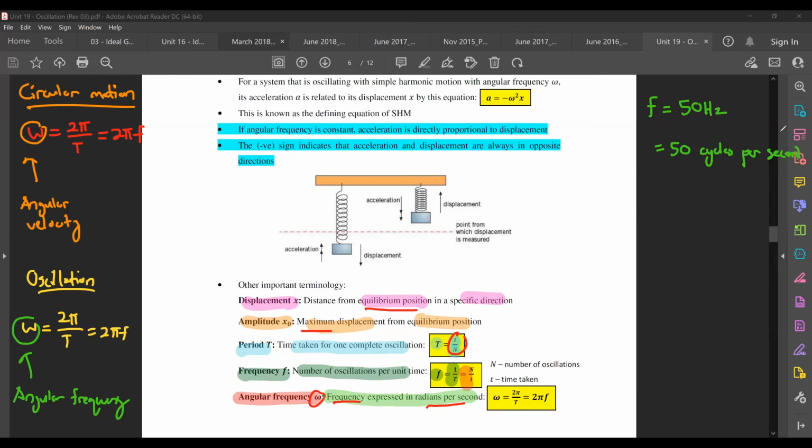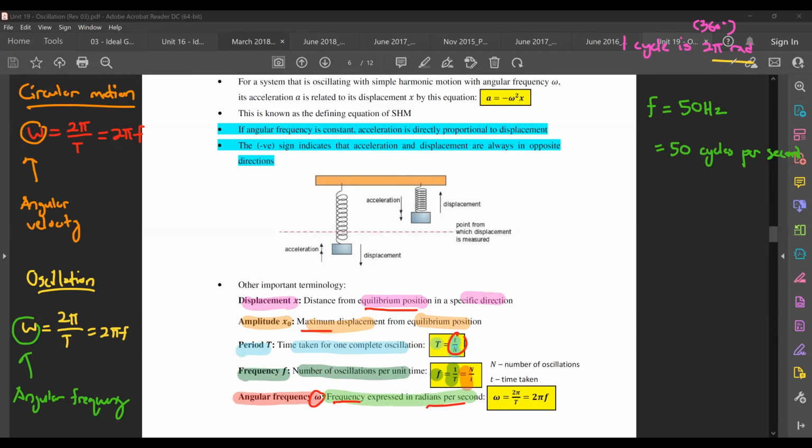You have 50 oscillations per second, or rather 50 cycles per second. But you also know one thing. One cycle is 2 pi radians, or it can be 360 degrees in another unit, but what you're interested in is radians.